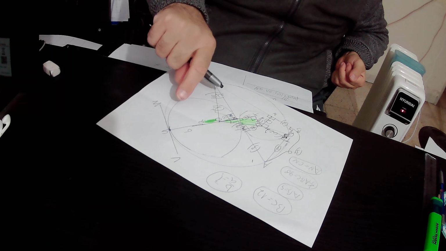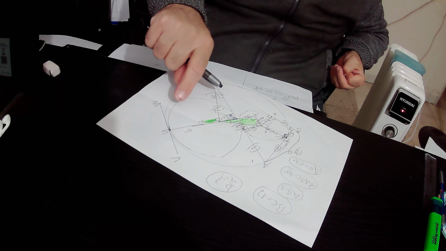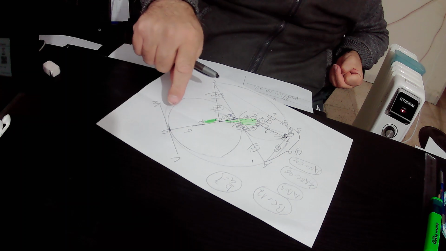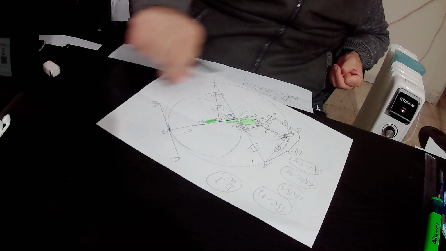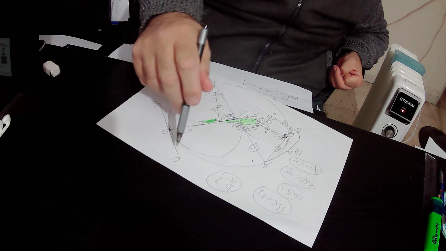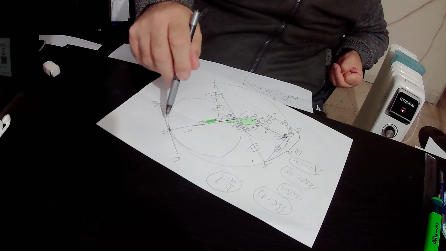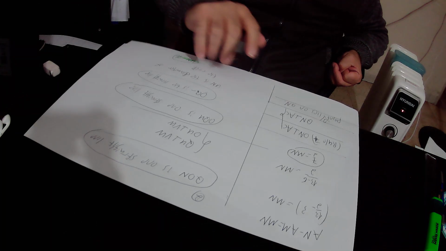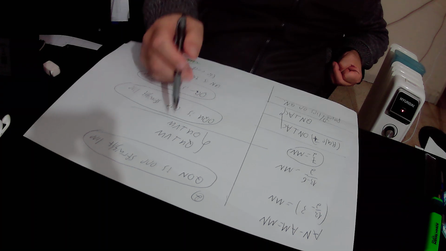The radius QU is drawn to point U, that is the point of tangency of tangent VW with this circle, and whenever you have a radius that is drawn to the point of tangency, then tangent VW will be perpendicular to the radius UQ. Or QU is perpendicular to tangent VW.